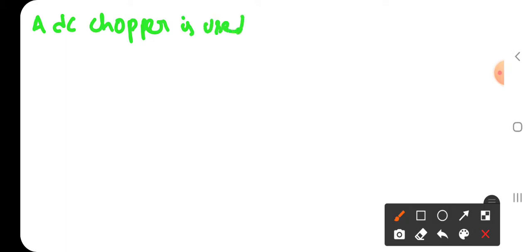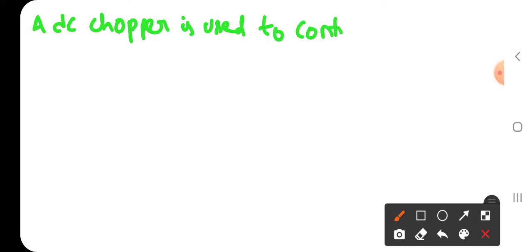One more problem. A DC chopper is used to control the speed of a separately excited DC motor.